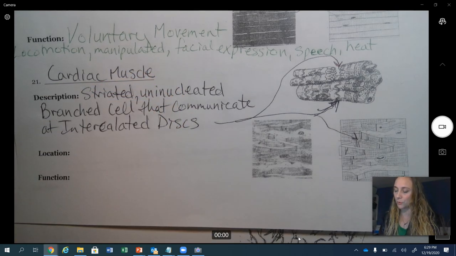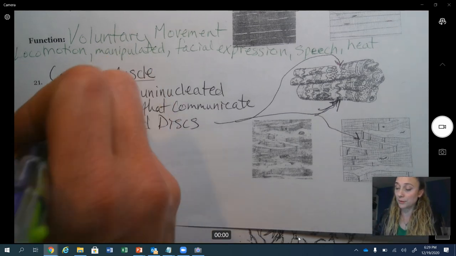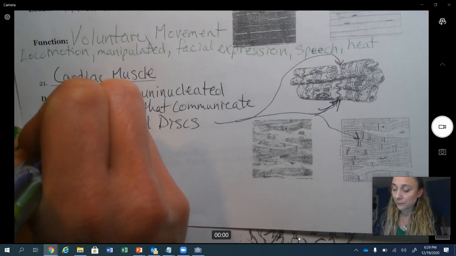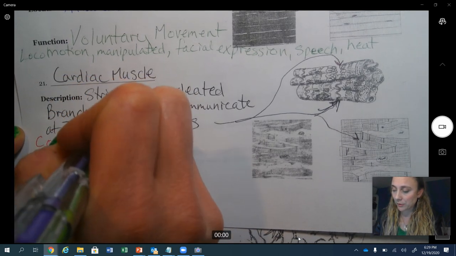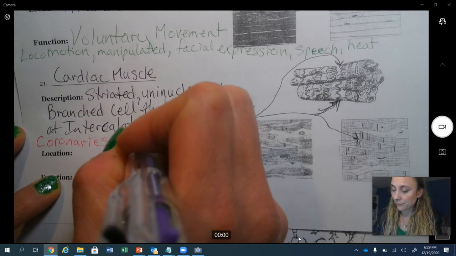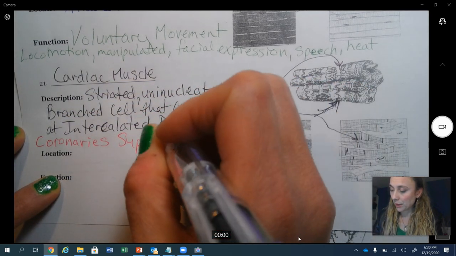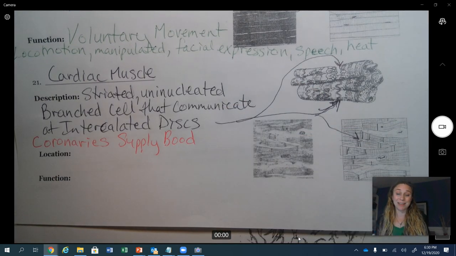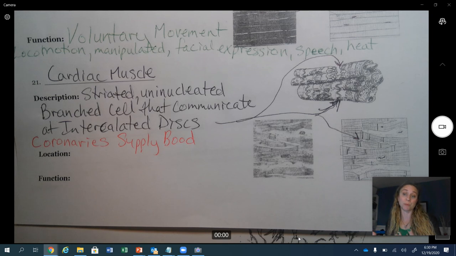So I think I decided to use blue for that. By the way, it does have a good blood supply. It does have its own coronary arteries. So coronary arteries go down to, of course, capillaries, supplying blood. So it's a good blood supply. And if those coronary arteries that feed the muscle tissue itself get clogged, then the heart senses it's not getting enough oxygen and goes, oh no, we must pump more blood.